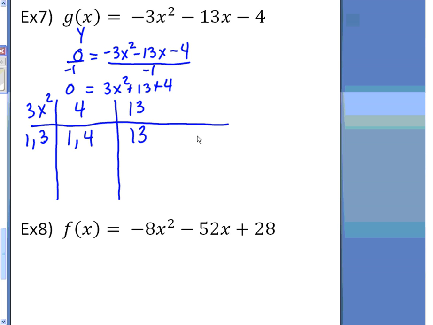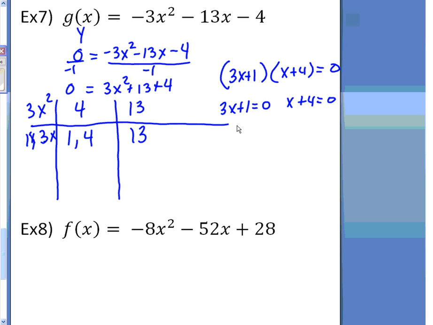So my factors are 3x plus 1 and x plus 4. Because remember, all I do is put my x's back in here, right? And the middles and the ends go together, right? We end up with that. So my two answers are 3x plus 1 equals 0 and x plus 4 equals 0.